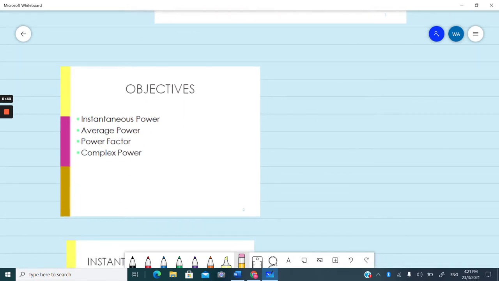Okay, so before I continue with the objective of this chapter, let me explain a little bit about power. Power is the most important quantity in electric utilities, electronic and communication systems because all these systems involve the transmission of power from one point to another.